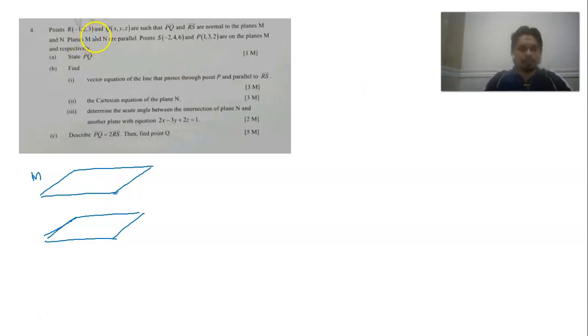So now, PQ and RS are normal to the plane.